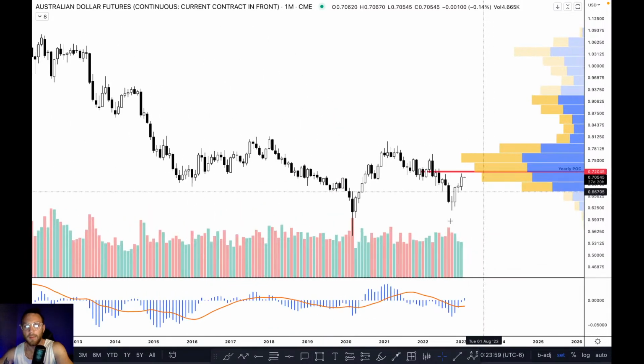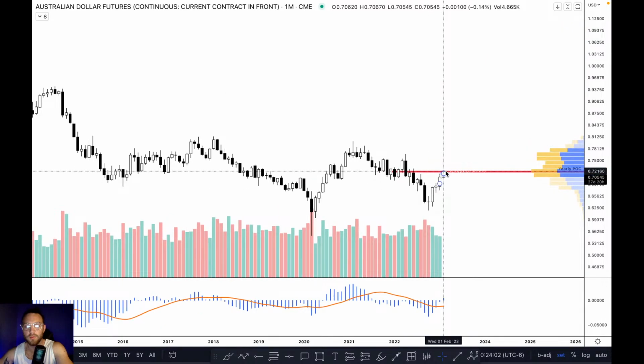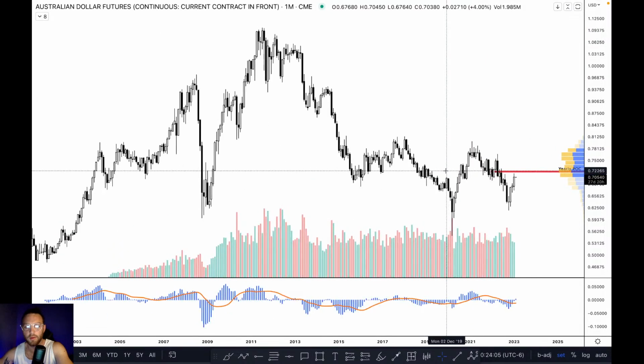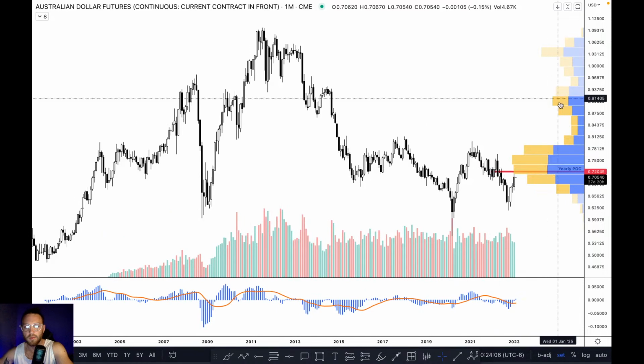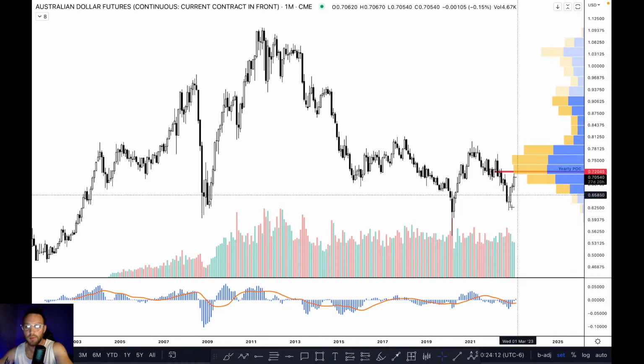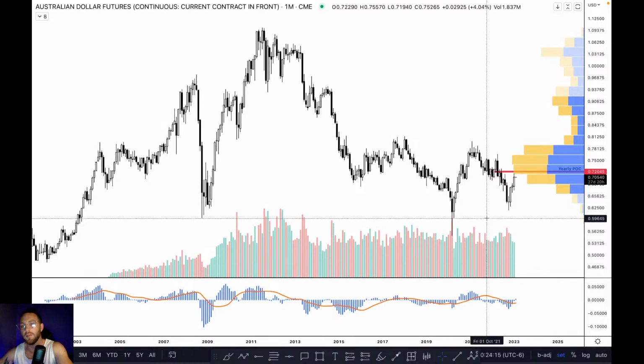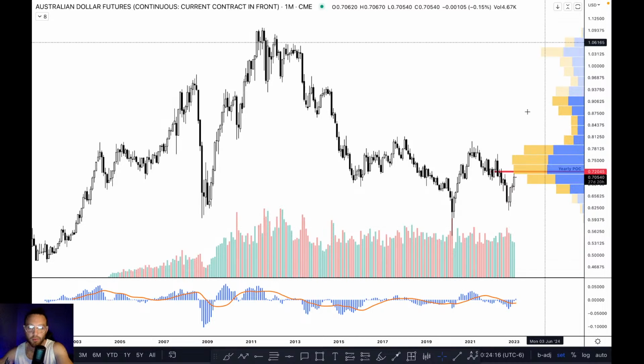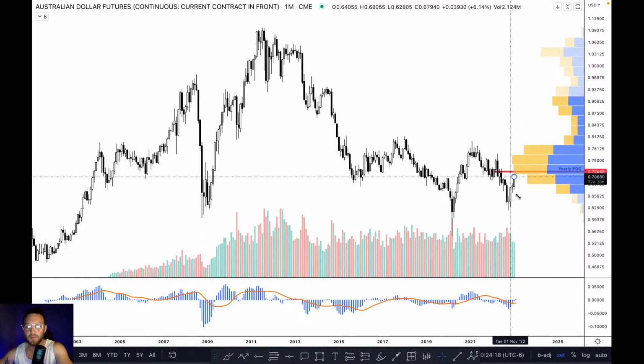So if this starts to break up these levels, we have a lot to go to the upside on the Aussie. So right here, you can see if it breaks out, we're going big time up. So I'm leaning more towards an Aussie strength type of 2023 versus the other ones.